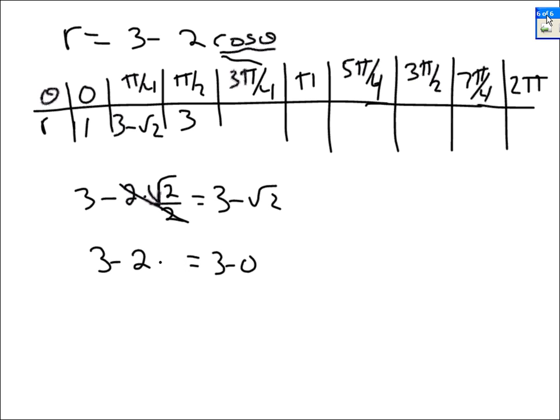The cosine of 3 pi over 4 is negative the square root of 2 over 2. The 2's cancel out, and it becomes 3 plus the square root of 2.